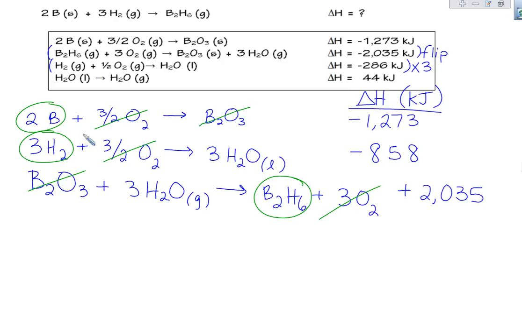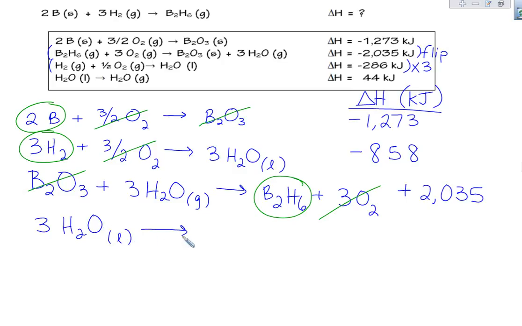Well, that's why they give you that last step. They give you that conversion between water liquid, water gas. And it makes sense that it's endothermic. I have to add 44 kilojoules to vaporize 1 mole of water, the heat of vaporization. Okay, so we need to use that. What do we got here? We don't want any of these waters, but in order to get the 3 liquid waters to cancel, I need 3 liquid waters on the reactant side.